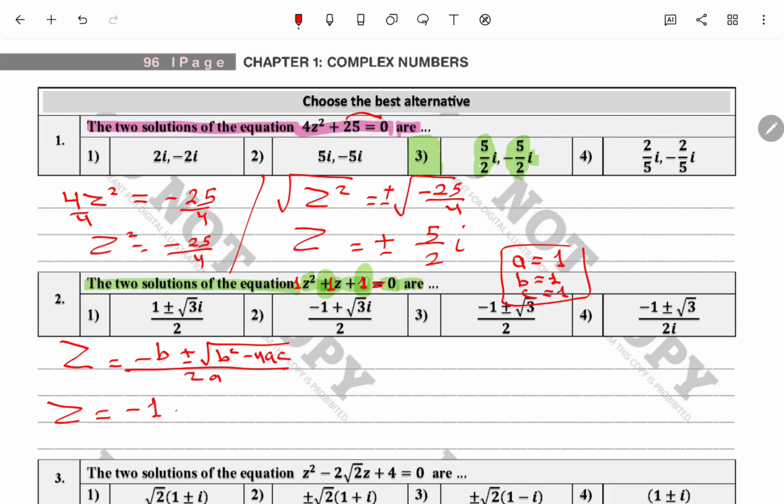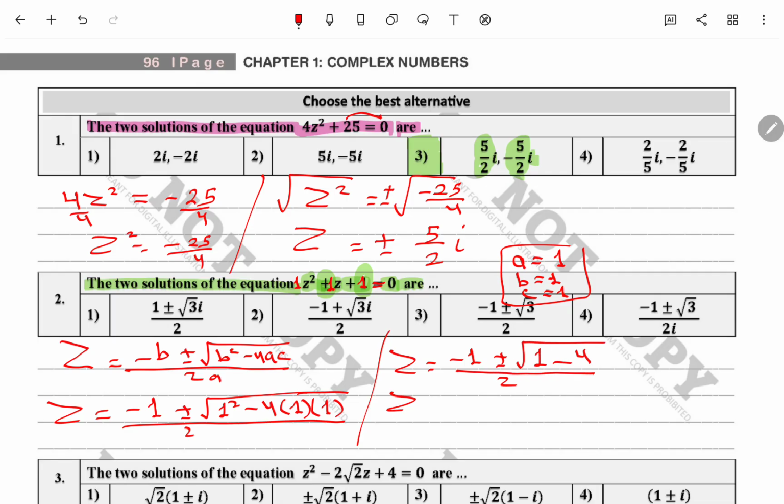Now you can replace them in the formula by writing 1 squared minus 4 times 1, all under the root, divided by 2. You get z equals negative 1 plus and minus the square root of 1 minus 4, divided by 2.